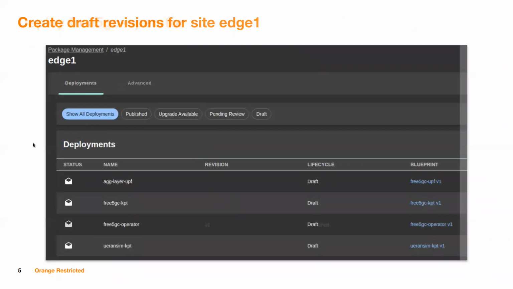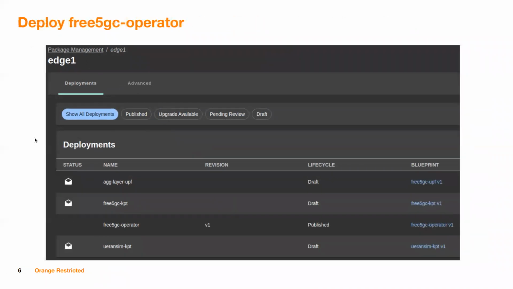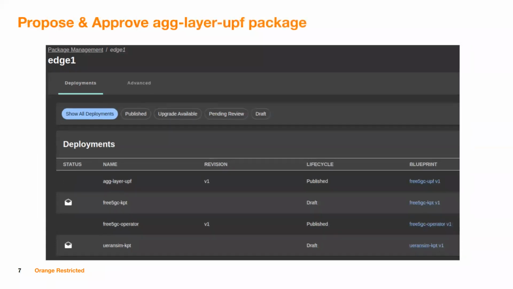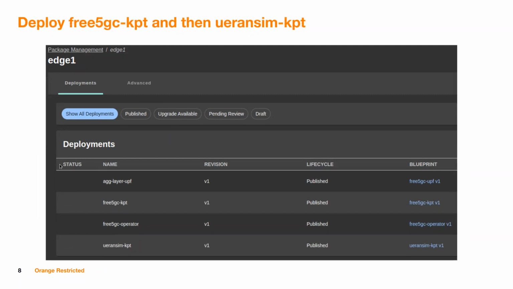First of all, we deploy the operator. Then we can deploy the UPF deployment CR, which is configured by Nefio. And based on the configuration we receive, we can adjust and deploy free5GC, register UERANSIM, register the UE through the web UI of free5GC, and then deploy UERANSIM.